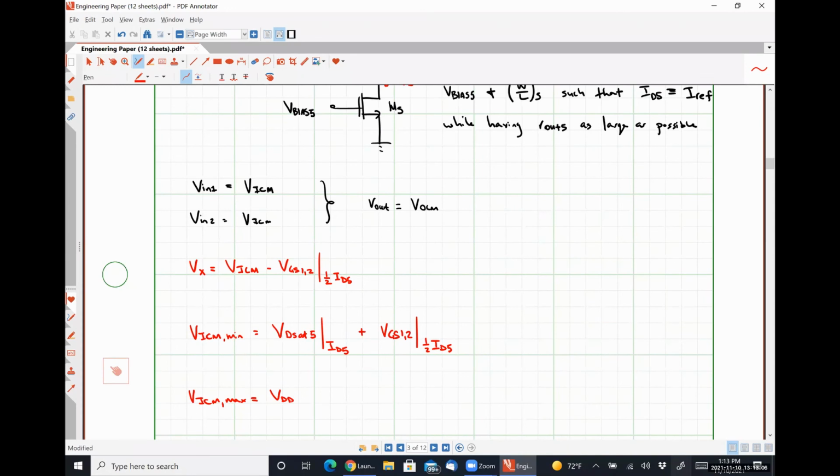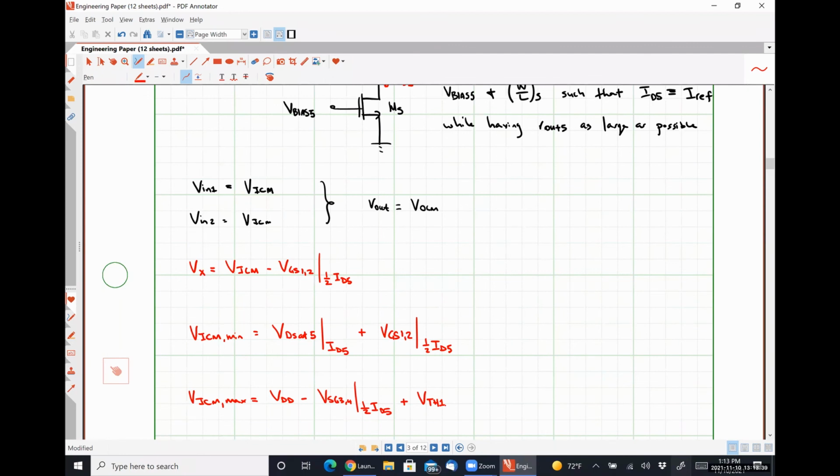which corresponds to a value of VDD minus VSG34, which is evaluated when transistor 3 is carrying a current of exactly 1/2 ID5, plus, right? So that's VY itself. We can't have it go beyond one threshold voltage past that, or we push it out of saturation.